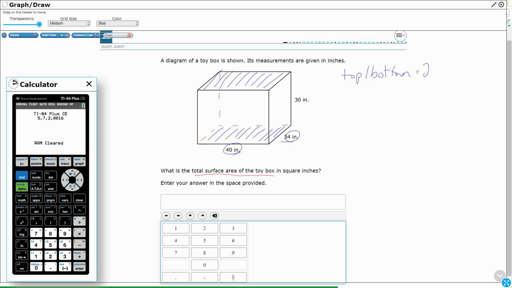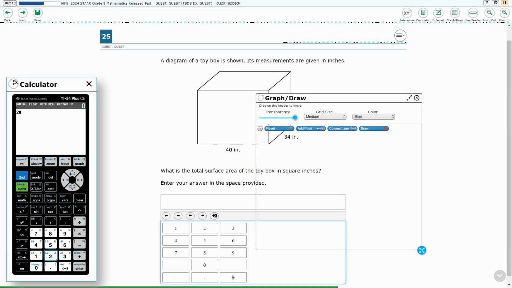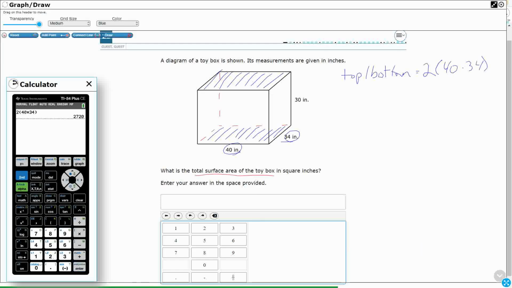So I'm going to double 40 times 34, because I need to double it since the same area on the top is on the bottom. So we're going to get the 2 and then 40 times 34. What do we have? 2720. So we can mark that out.